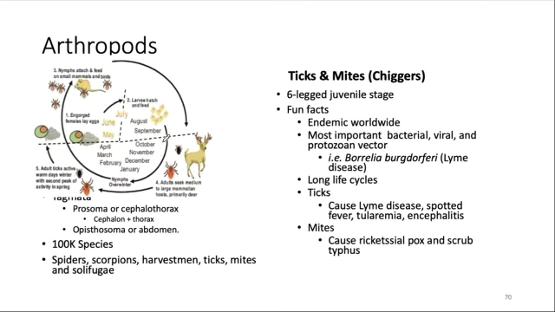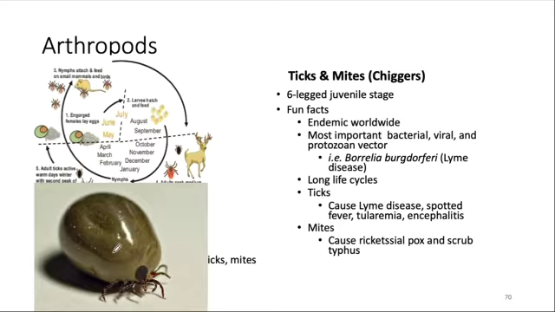The larvae would then develop into nymphs, and you're talking October, November, December, and then the nymphs would then become parasites of small rodents, and then they will become parasites of large rodents, and so it's a very long life cycle.